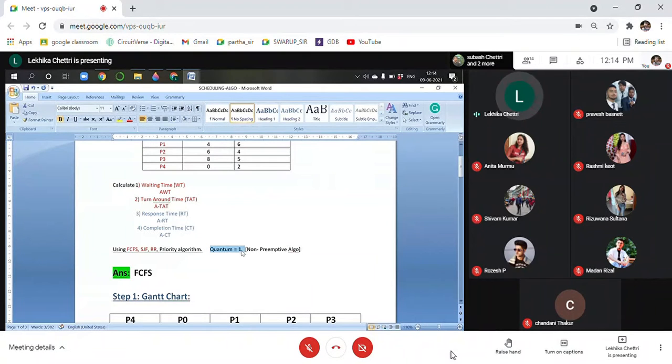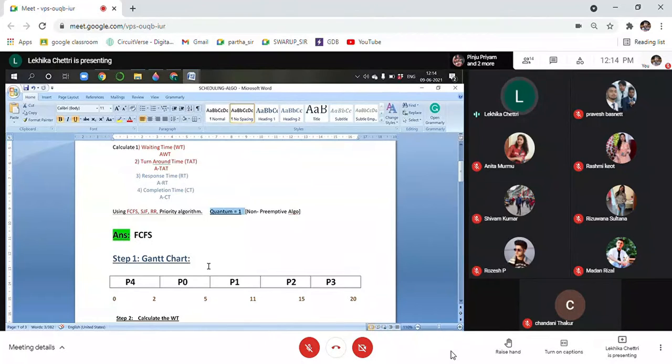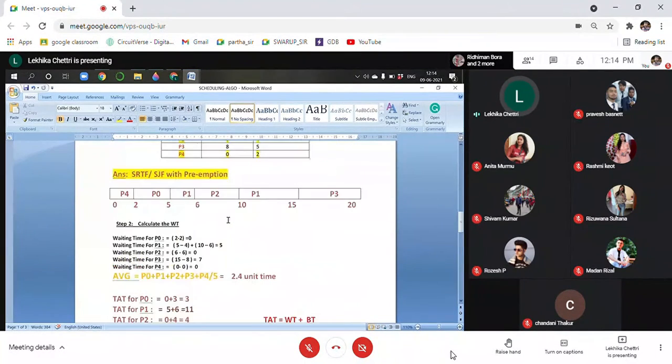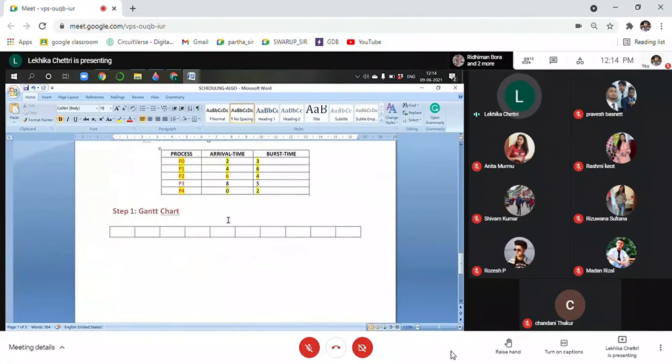It was given. So this is your quantum value, and let me write down method one. This quantum is one. That means after your computer hits a clock time of 1 unit, the swap out in the CPU will be performed. The process from the CPU will be swapped out.